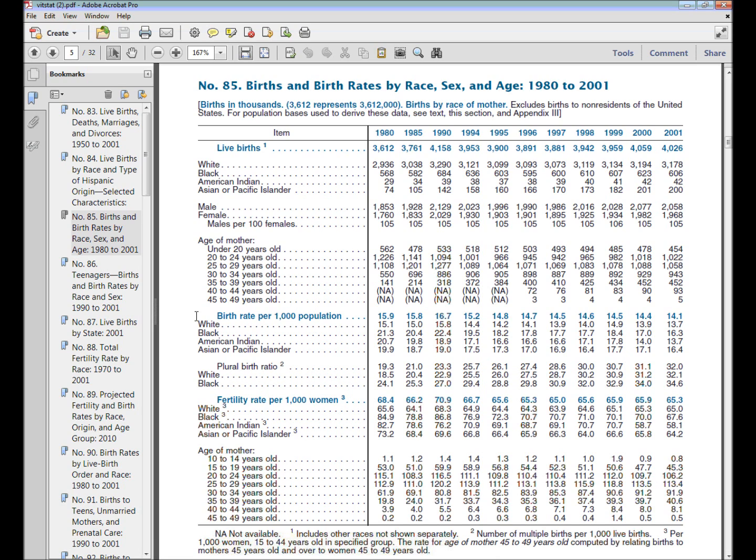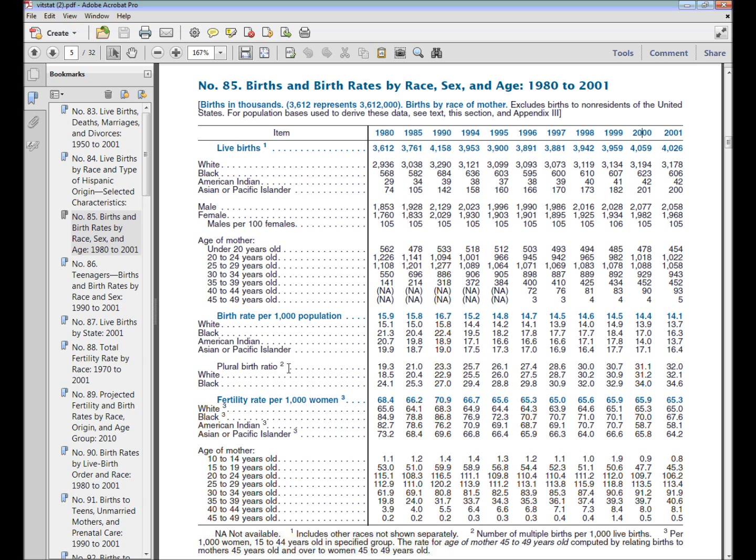So here we're looking at a birth rate, which tells us the number of births per 1,000 people in the population. So in 1998, there were 17.7 births in the black population per 1,000 people. So there were 17.7 babies born per 1,000 people in the black population in 1998.